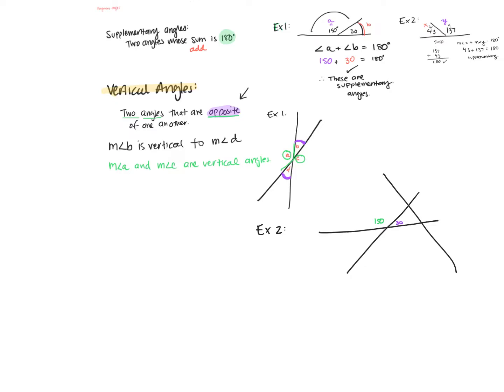Don't these make a straight angle, meaning they should add up to 180, meaning that they are supplementary angles? Just kind of keep that in mind, right? You just learned that. Now, if this is 150, what does this angle have to be? What do you notice about the angle? If this is 150, then this should also be 150.